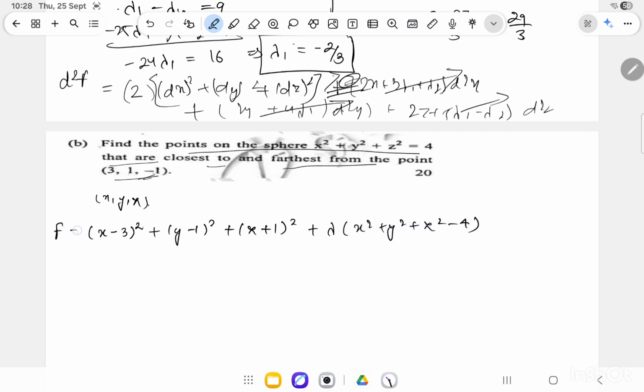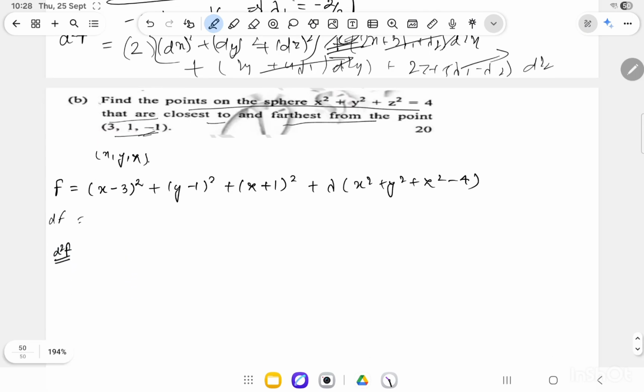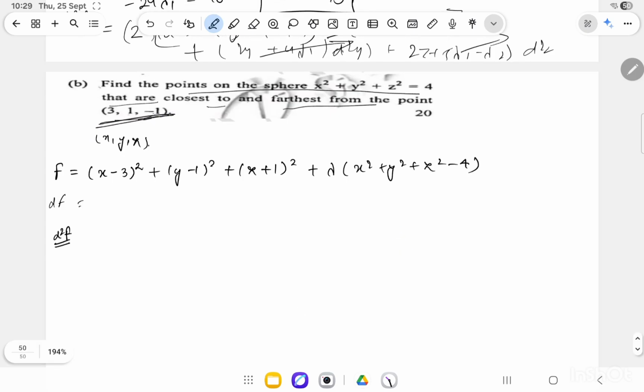So this will be our function f, and you can just calculate df. That will basically give you 2 points, and then you can check d square f at those 2 points, and that will tell you which is at maximum distance and which one is at minimum distance from this point. So this one is again a repeated pattern, like these type of questions are asked a lot. So let's move on to the next question.